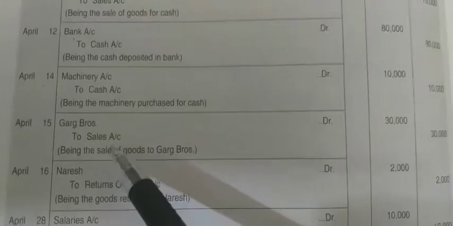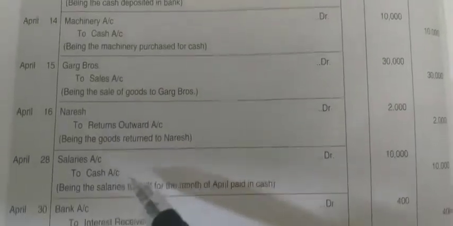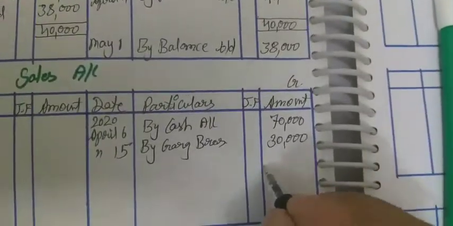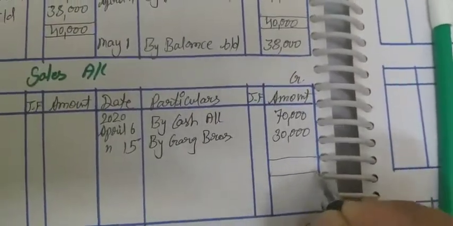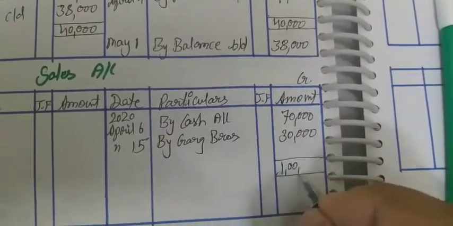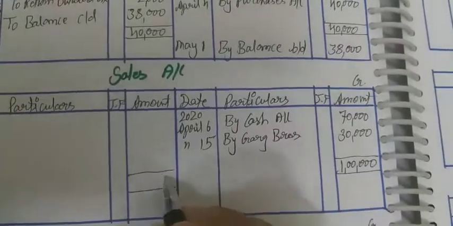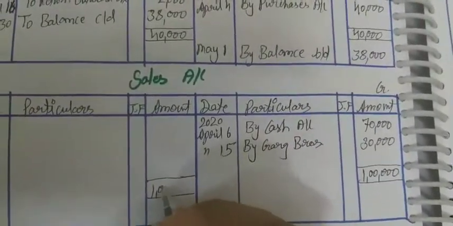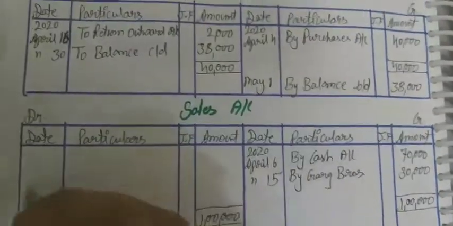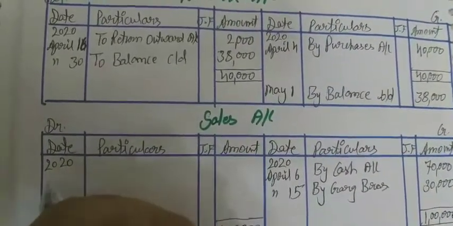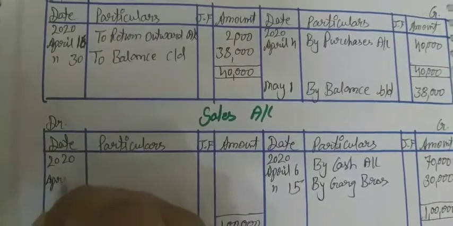Up to this transaction we recorded, is there any other sales account? No. So student, now we have to do the balancing for this. For the sales account, the total is 1 lakh on the credit side, and no transaction is on the debit side, so 1 lakh will be the balance on the debit side on April 30.